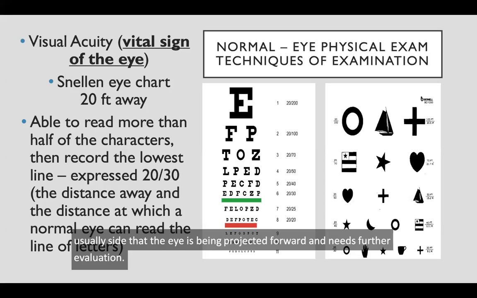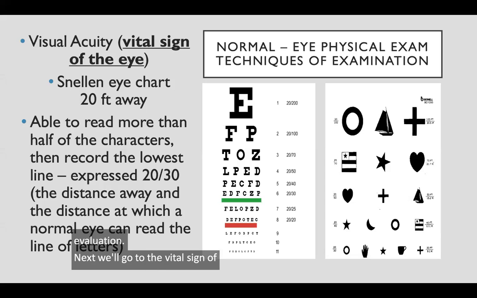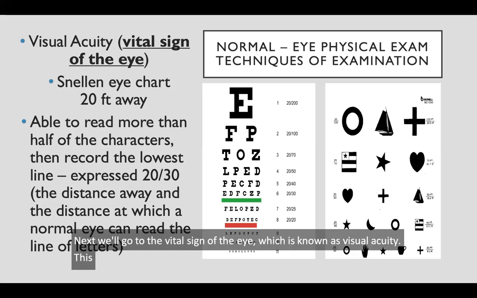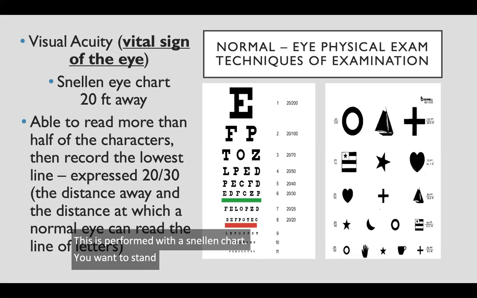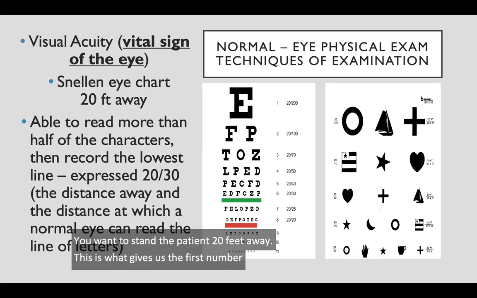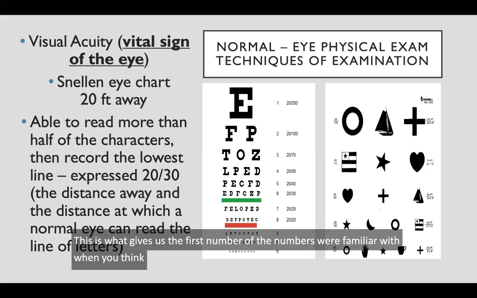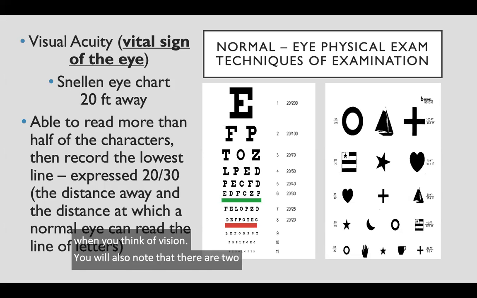Next, we'll go to the vital sign of the eye, which is known as visual acuity. This is performed with a Snellen chart. You want to stand the patient 20 feet away. This is what gives us the first number of the numbers we're familiar with when you think of vision. You will also note that there are two types of Snellen charts, one with letters and one with pictures.